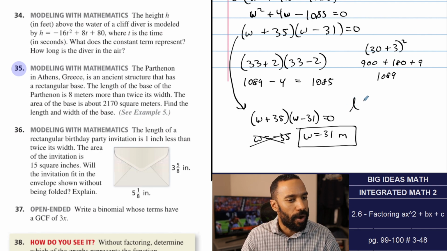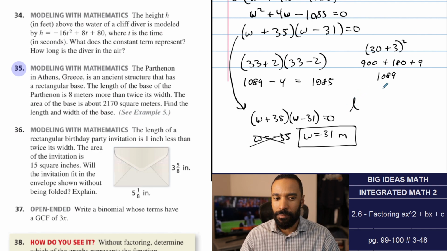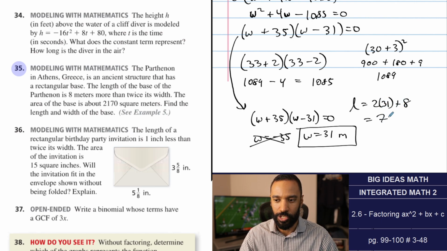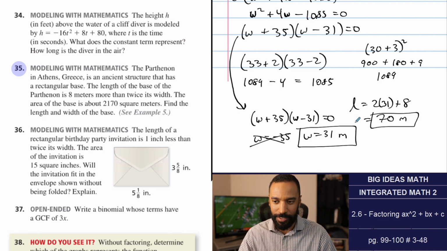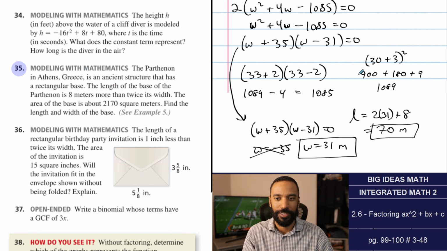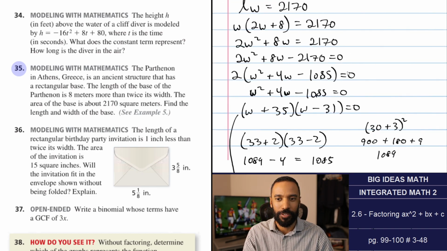The length was 8 meters more than twice its width. 2 times 31 is 62. 62 plus 8 is 70. You get 70 meters. So the length is 70. The width is 31 meters. Boom. No calculator. And more fun with difference of two squares and perfect square trinomials.